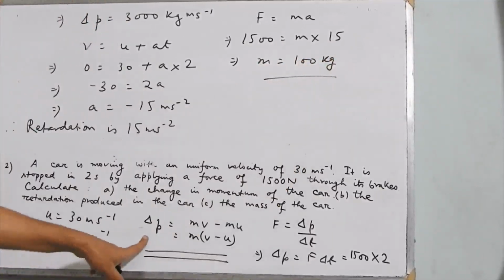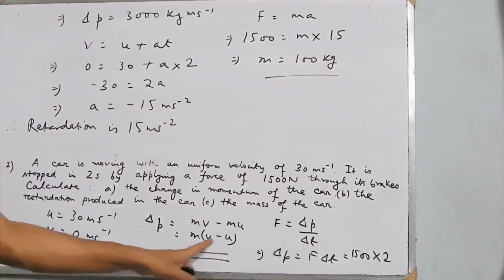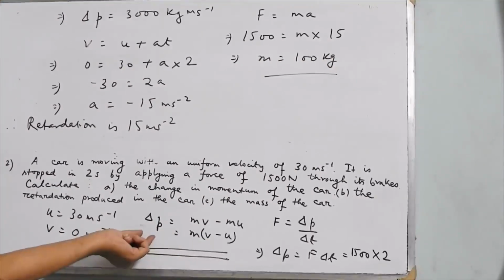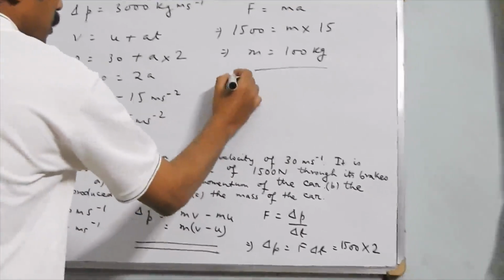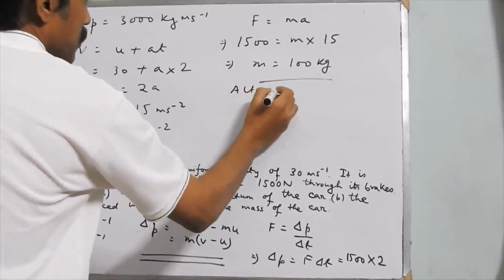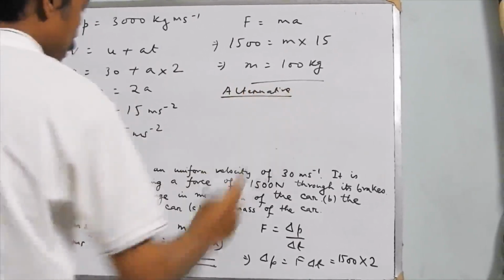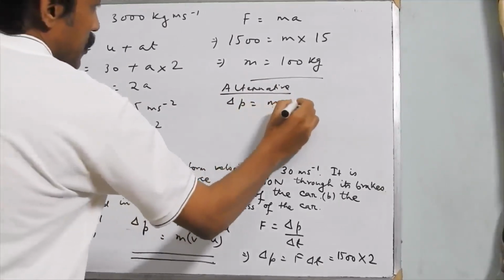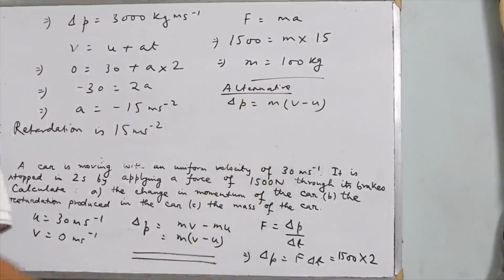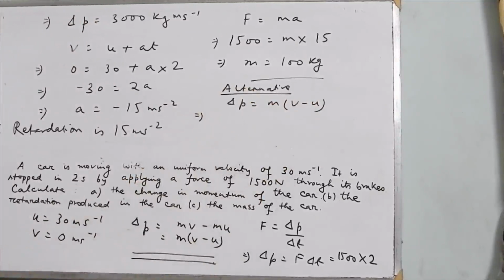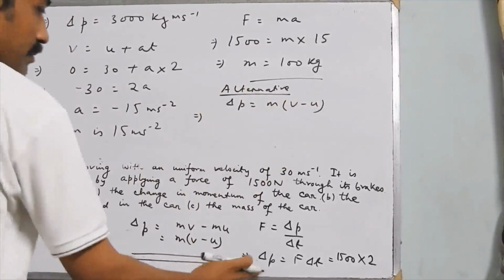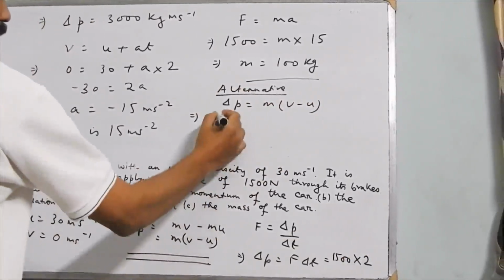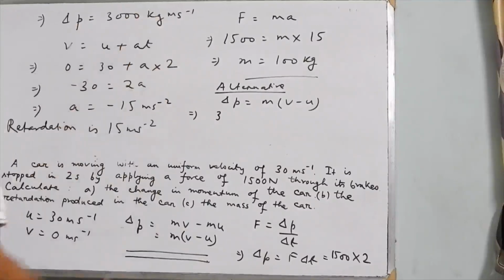This equation could have been used, but change in momentum value you can take. I can show you alternatively what you can do. Now from this one, change in momentum is mass into change of velocity. So change in momentum already we have used and determined 3000 kg meter per second.